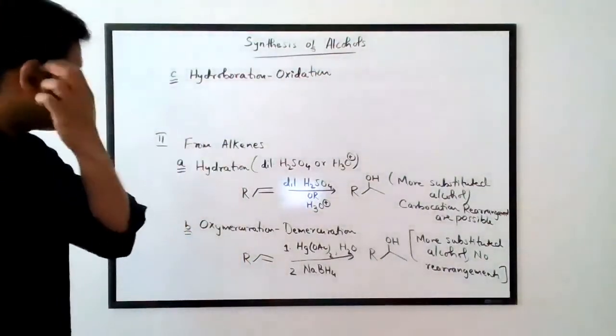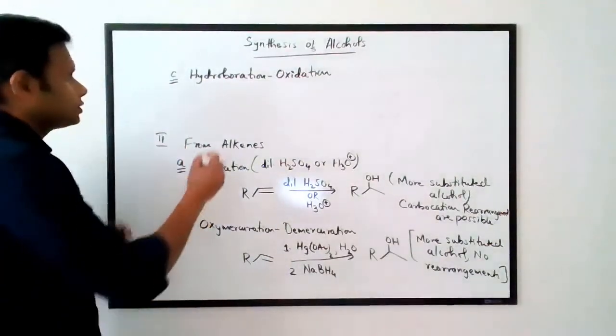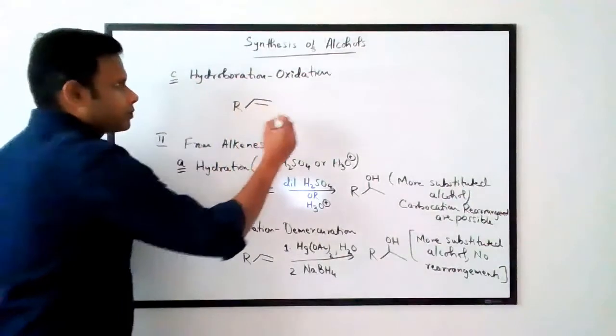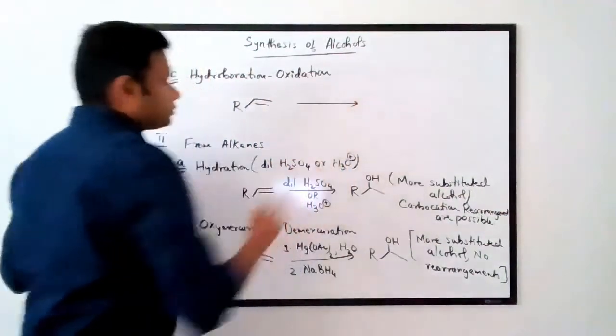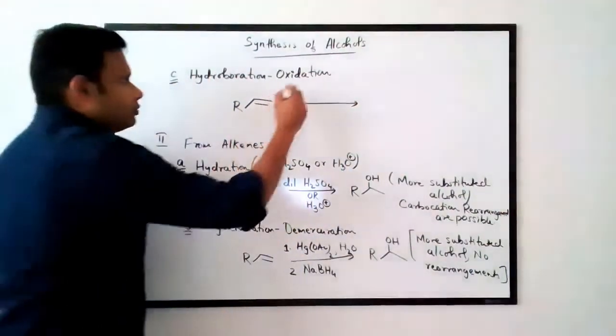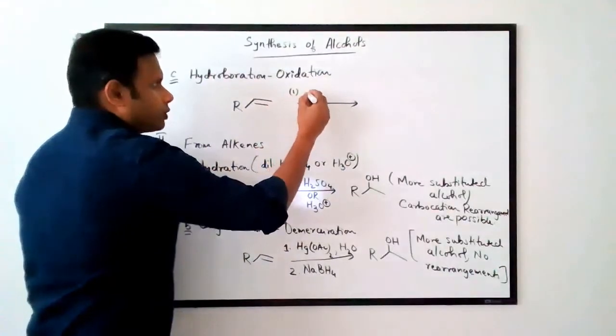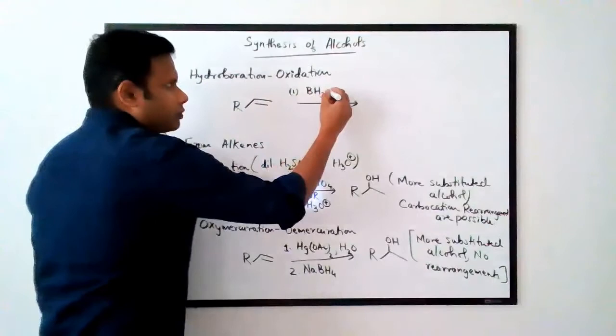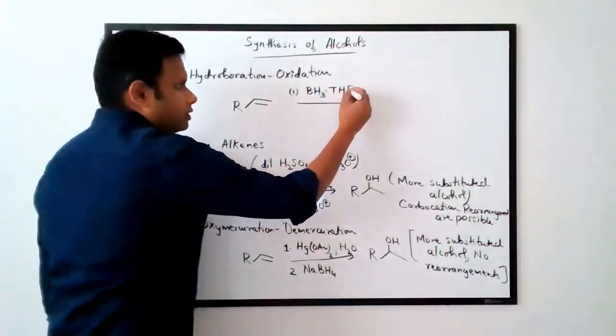Starting from an alkene, we have to do the hydroboration step first. We can do this using a borane reagent like borane THF.